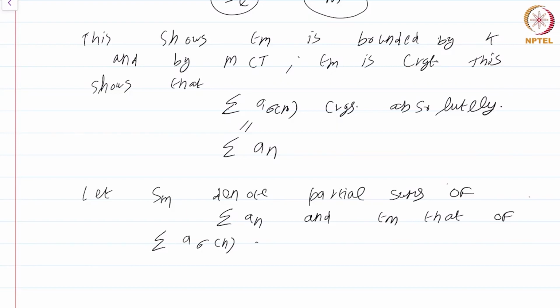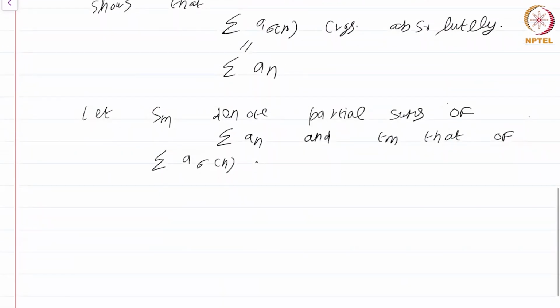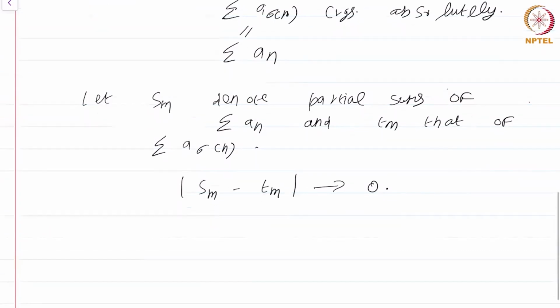Now we want to show that Tm converges to the same limit as Sm, and we can achieve that by showing that mod Sm minus Tm converges to 0. If we can show this, we are actually done, right? Now, how are we going to show that? We pull the same trick that we pulled last time.